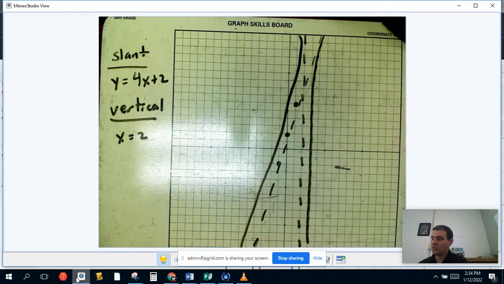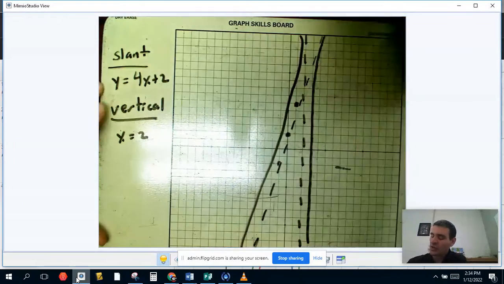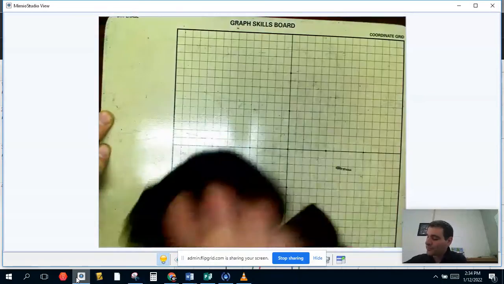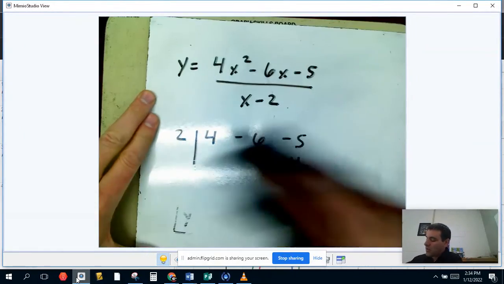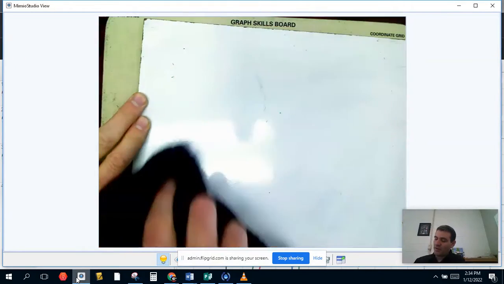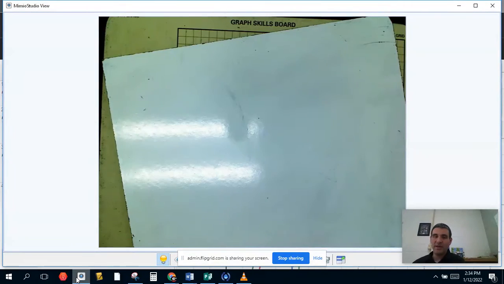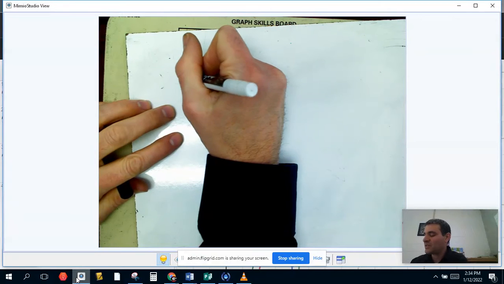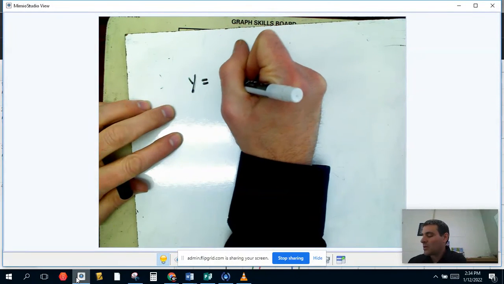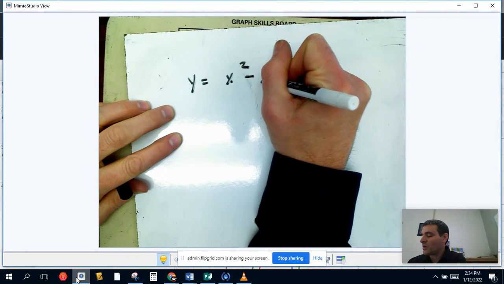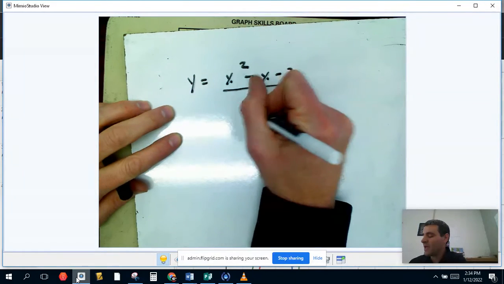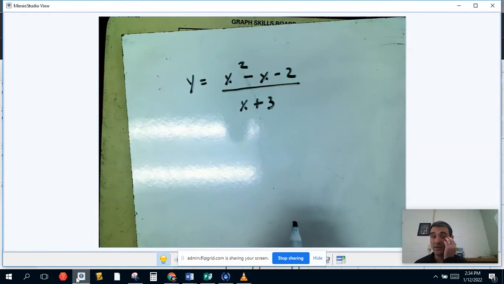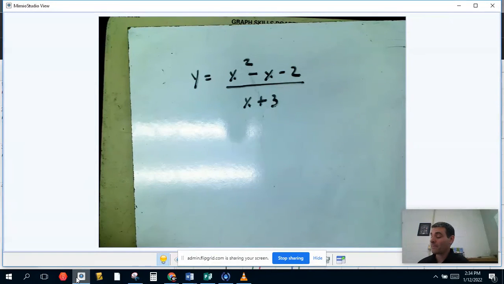So let's do one more example where it's not so steep, because that's not a great picture. We'll do one. The slope of 1 would be easier to see. So again, we're finding our slant asymptote. So something like y equals x squared minus x minus 2 over x plus 3. And that does factor, but I'm going to make this be x plus 3 so that it won't cancel anywhere.